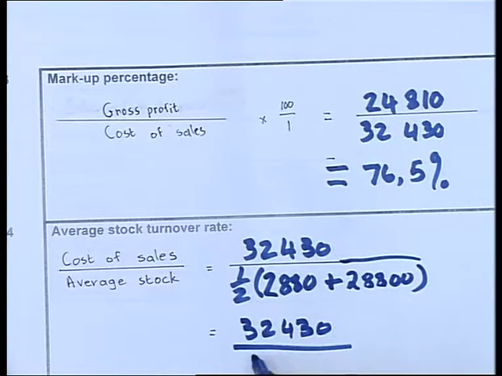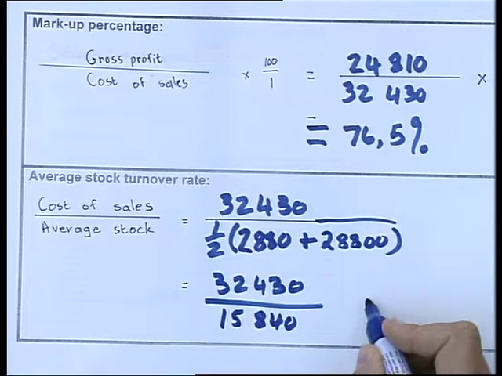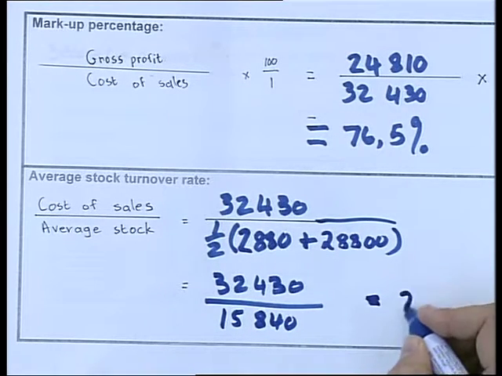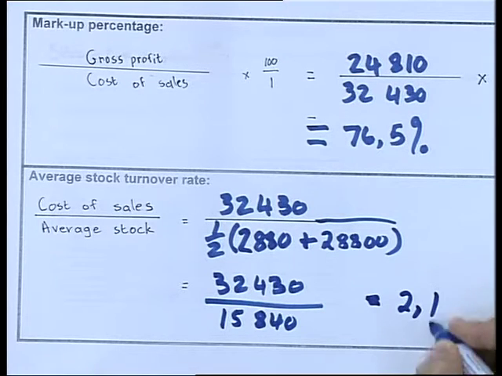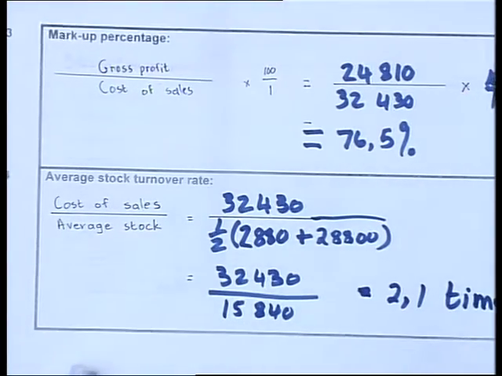That should give you 15840. So 32430 divided by 15840 will give you 2,1 times per year. What does this mean? That means this is how often they need to replenish their stock. That's how often they need to purchase stock, is 2,1 times per year. Okay.